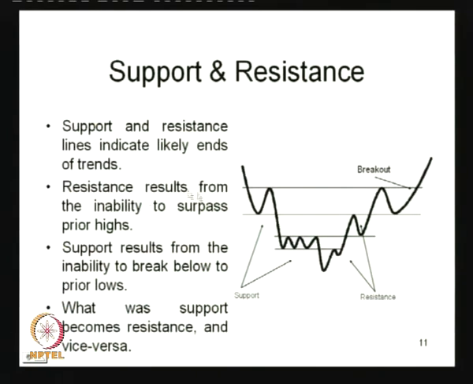That is why resistance results from the inability to surpass prior heights, support results from the inability to break below prior lows, and what was support becomes resistance and vice versa. This kind of probability always happens in the market depending upon the trend analysis of that particular stock.